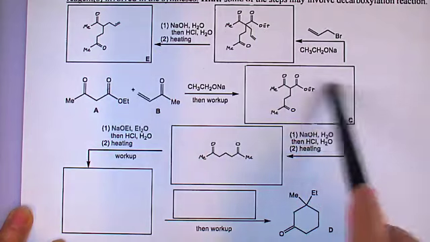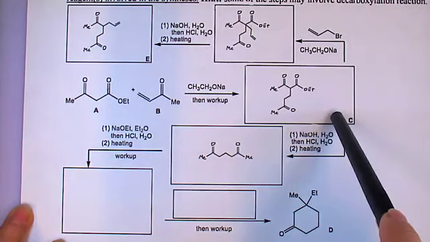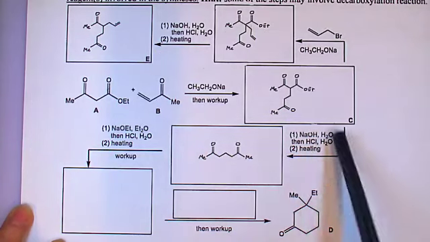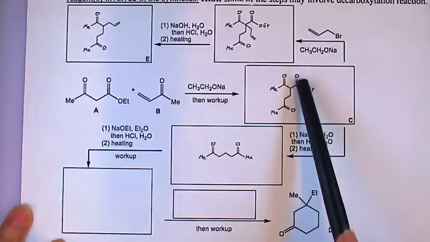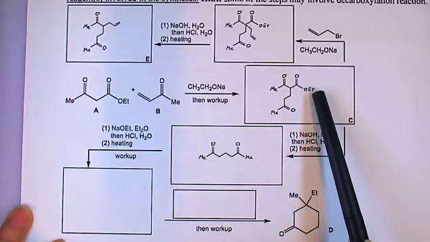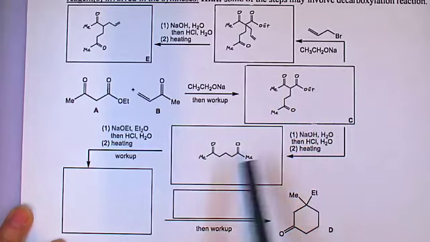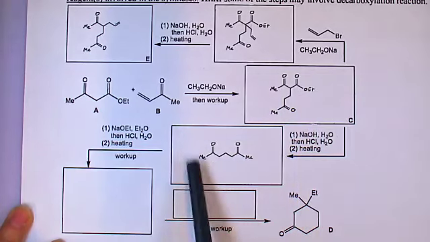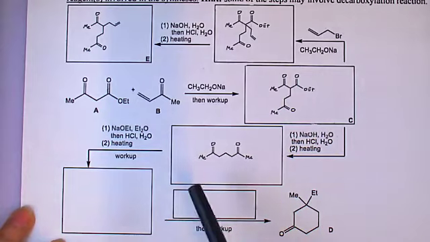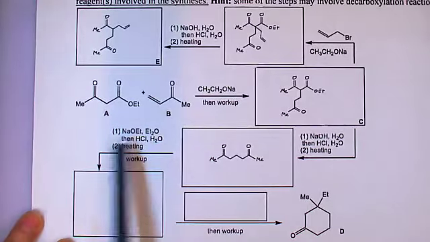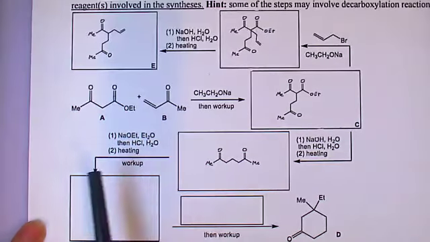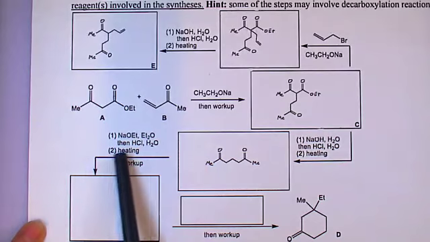Now, going down below, going again to molecule C, treating that with sodium hydroxide and then hydrochloric acid, we're going to do another ester hydrolysis in this molecule. After heating, we're going to have a decarboxylation to get this molecule. Then this molecule, when treated with base, we're going to do an intramolecular aldol reaction.